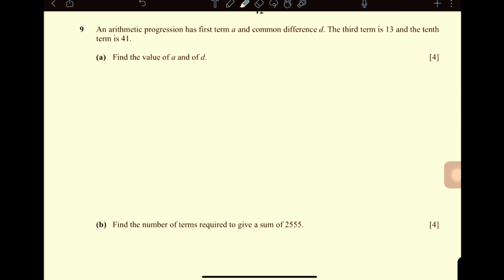It is from an arithmetic progression, AP. Its first term is a and common difference is d. Third term is 13 and 10th term is 41. We need to find out a and d. So first of all, it is given third term is a plus 2d equals 13.